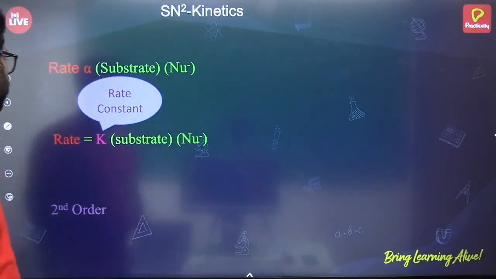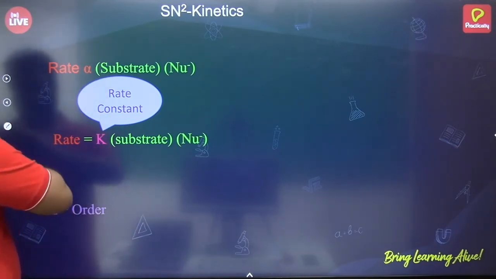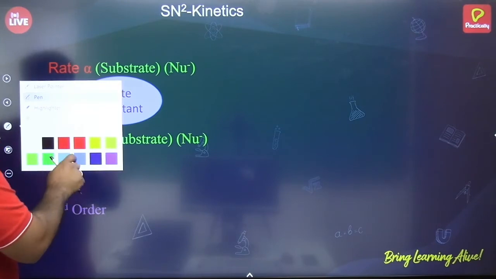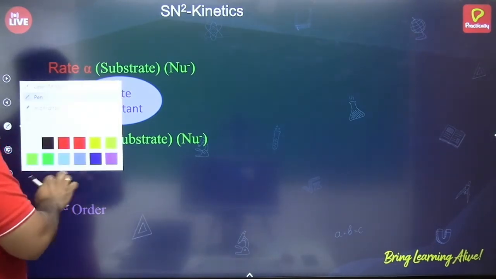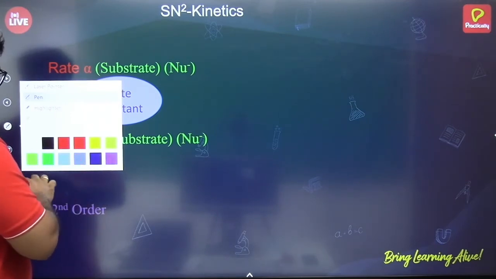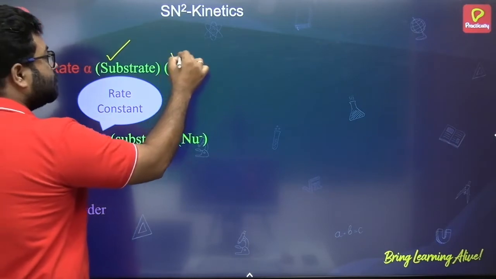So as you can see, the rate of reaction is dependent on substrate as well as nucleophile.